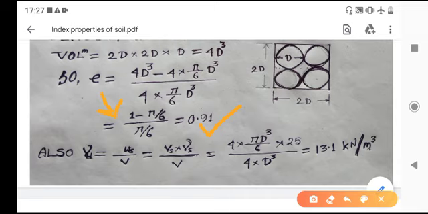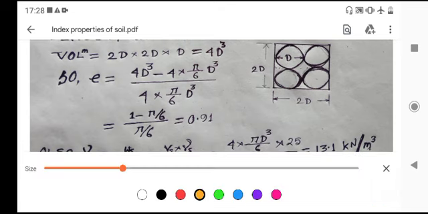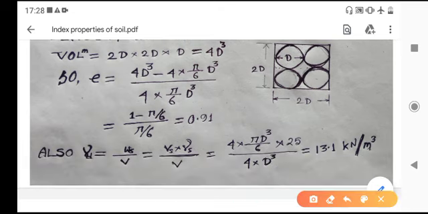Also gamma d equals Ws by V, where Ws is the weight of solid and V is the volume of the soil sample. Ws equals Vs into gamma s. We know gamma equals W by V, so W equals V into gamma. Volume of solid Vs is 4 into pi by 6 d cube, since there are 4 solid particles.